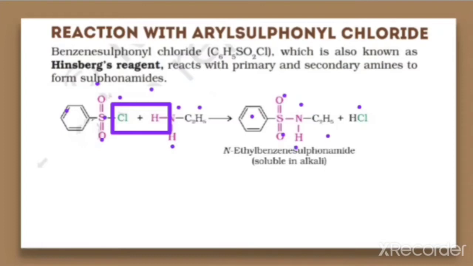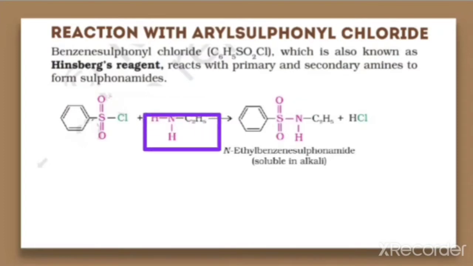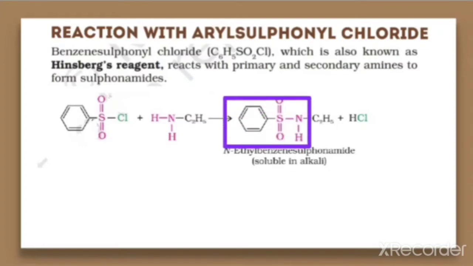So it is very easy to frame this product, but you need to write the amine in this way so that it will be easy to frame the product. Now what is the name of this product? This portion is called a sulfonamide, where one of the H of the sulfonamide is replaced by the ethyl group.